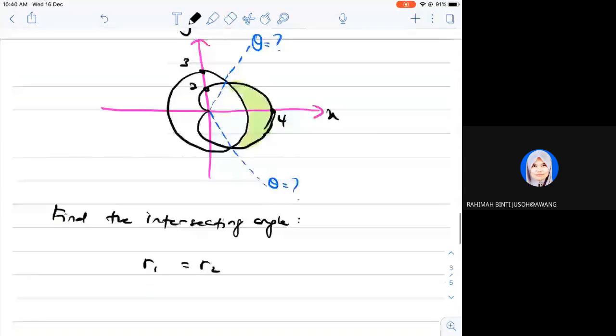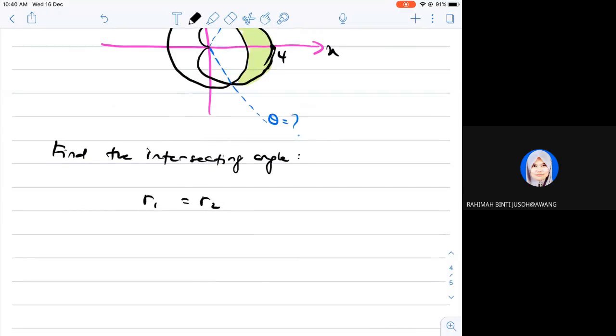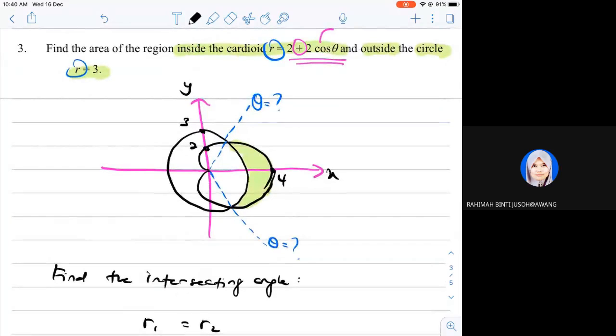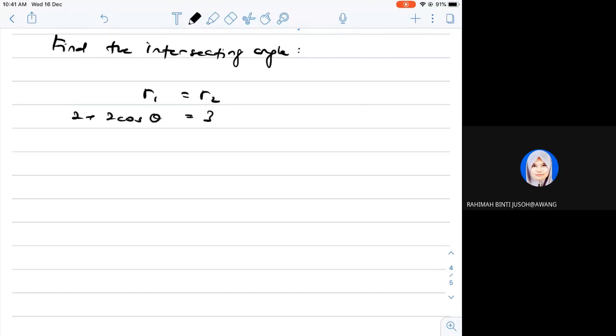So R1 is 2 plus 2 cos theta. Equate this with the second R. The second R equals 3, the circle. So 2 cos theta equals 3 minus 2, which is 1. So cos theta equals 1 over 2. So theta should be cos inverse of 1 over 2.